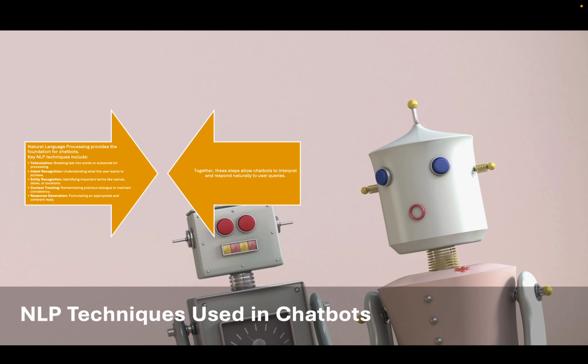Finally, response generation forms the output, which can either be selected from pre-written responses or generated dynamically using a model. Together, these techniques allow chatbots to transform human input into structured data and then back into natural conversational language.